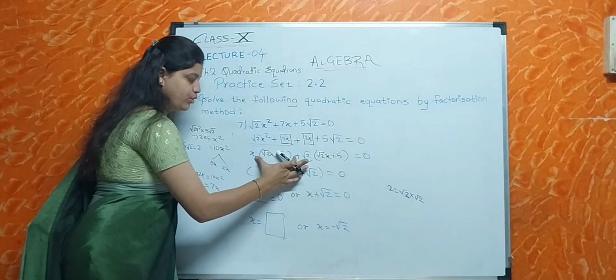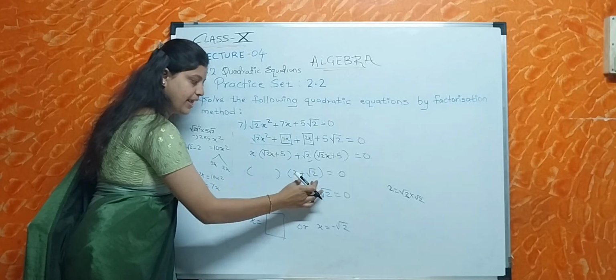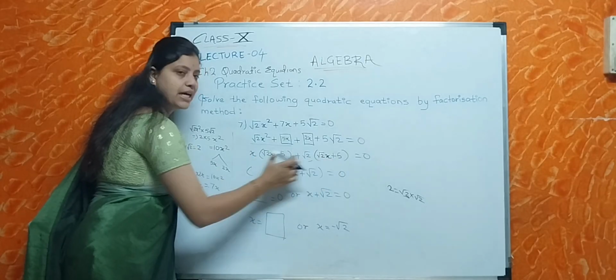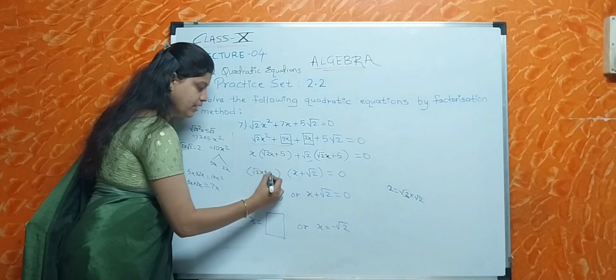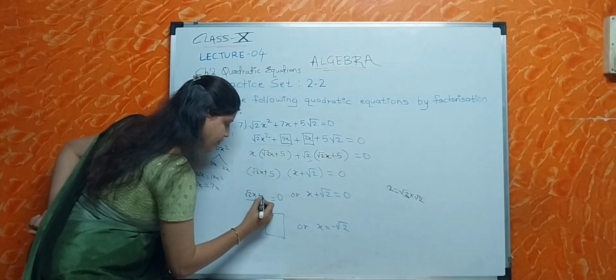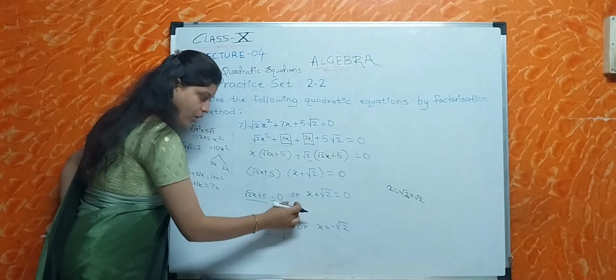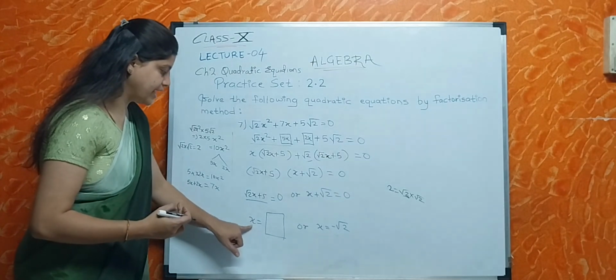Now x plus root 2 in one bracket, and these both terms are same, so we will write a single bracket, root 2x plus 5. Next, root 2x plus 5 is equal to 0 or x plus root 2 is equal to 0. Now see here what is x?